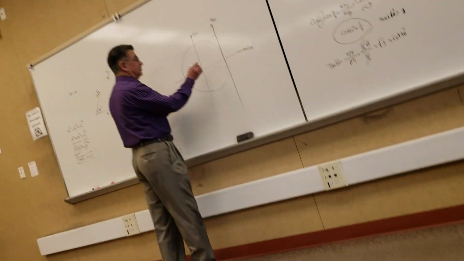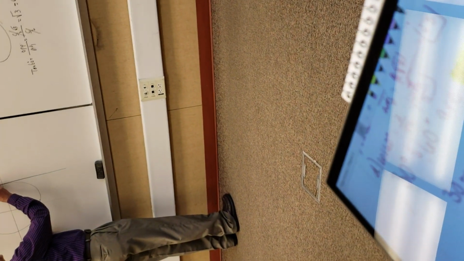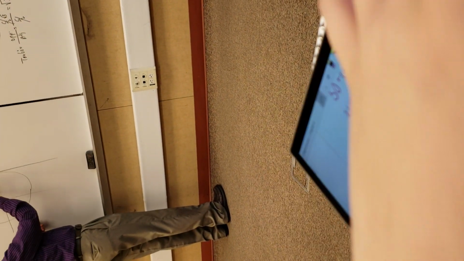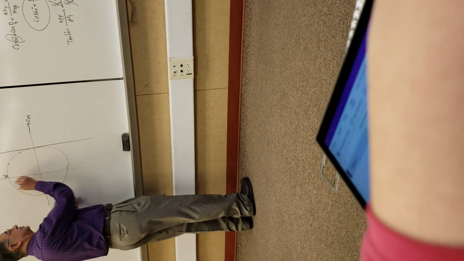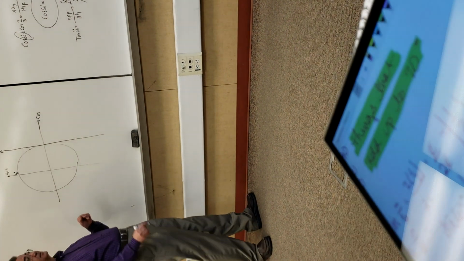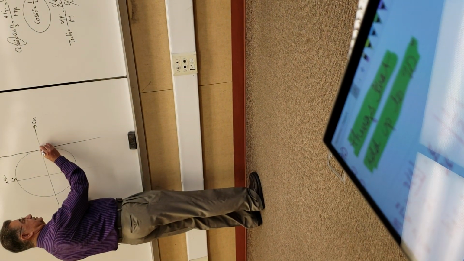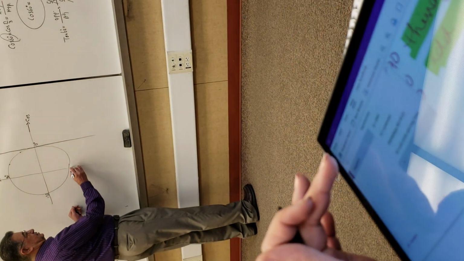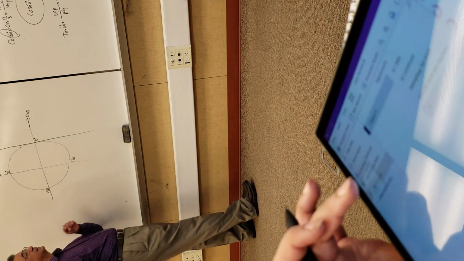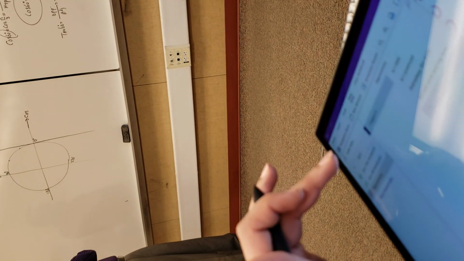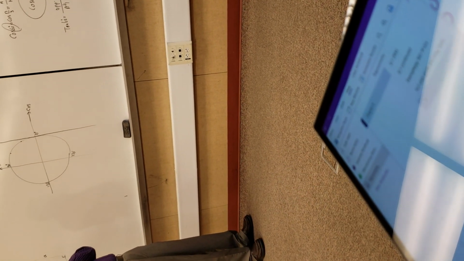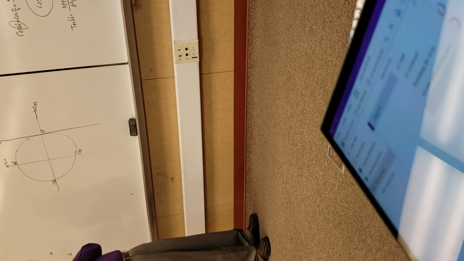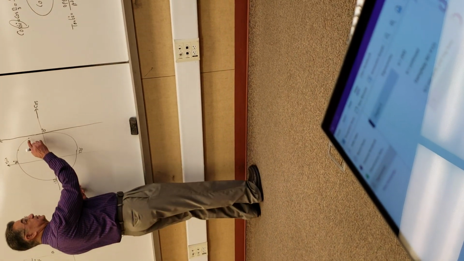What do I mean by playing? Let's say I split this into 3 pieces. Obviously, if this is 90 degrees, this is 0 degrees, 180, 270. Now, let's say I ask you to just graph sine of 30 degrees. So that's 30 degrees, isn't it?